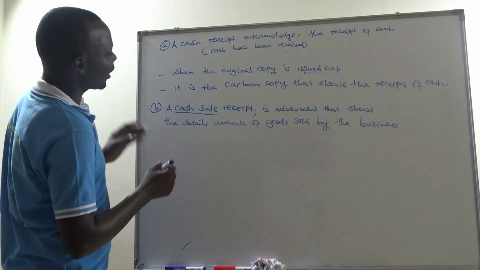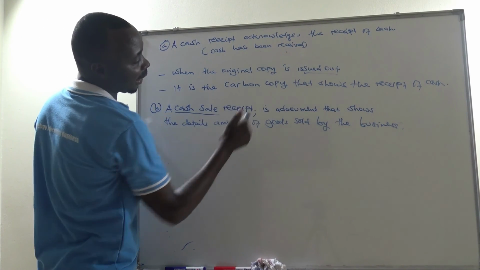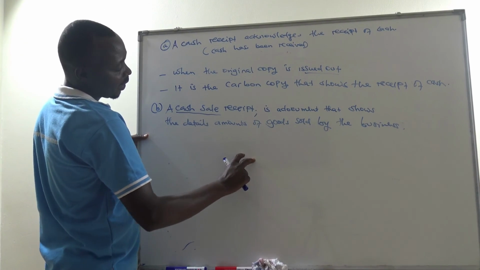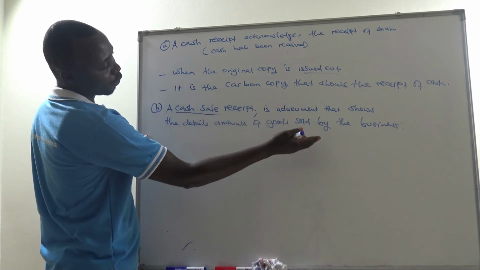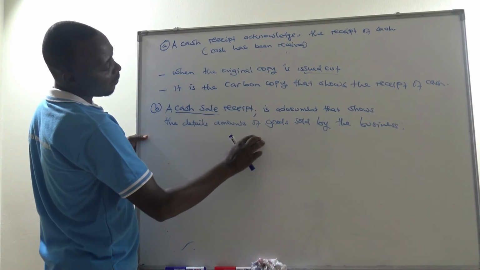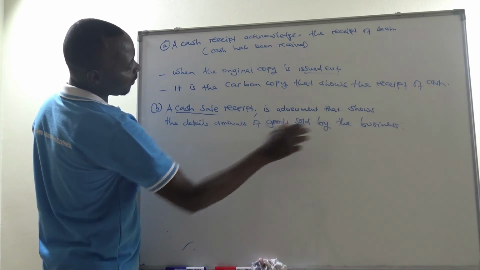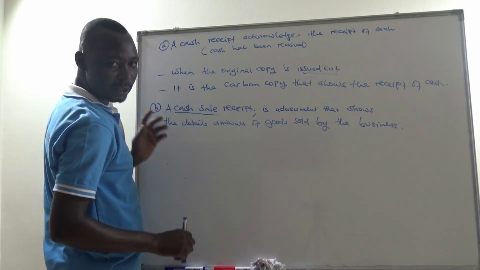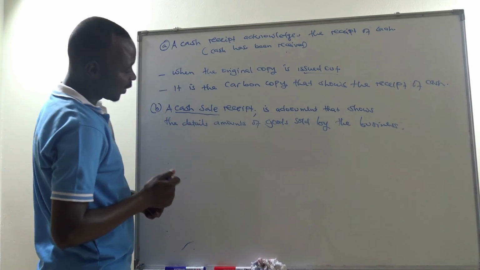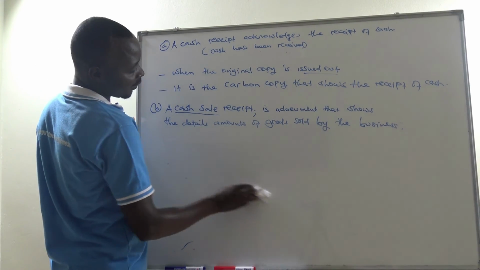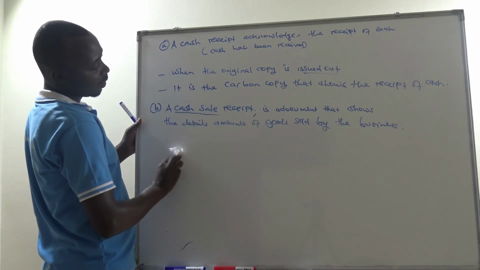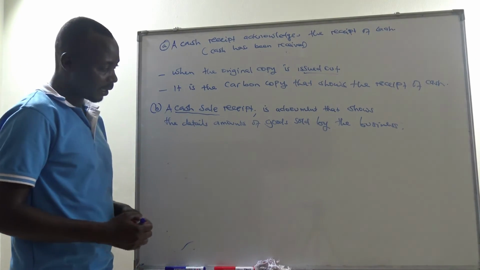But what we want to see is the functionality of these items. This one is a document that shows the details and amounts of goods sold by the business. This one shows that cash has been received. These are the two types of receipts.